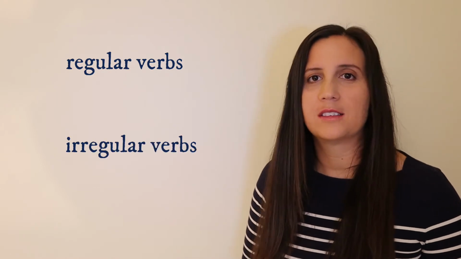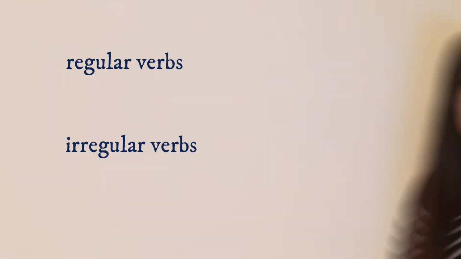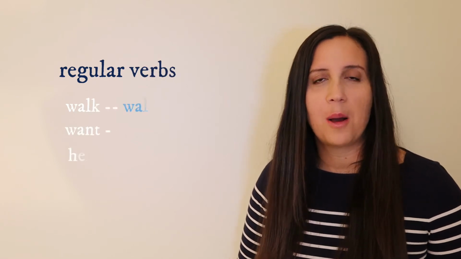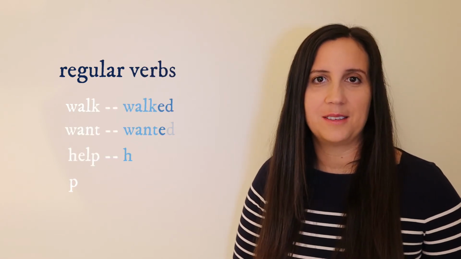So the next thing that we'll talk about are the different kinds of simple past verbs. The simple past has regular verbs and it also has irregular verbs. So let's take a look at some of those examples. Some examples of regular verbs include walk, want, help, play, and study.